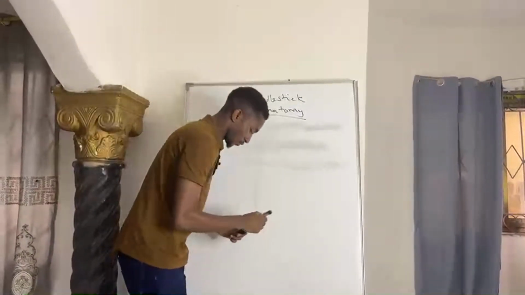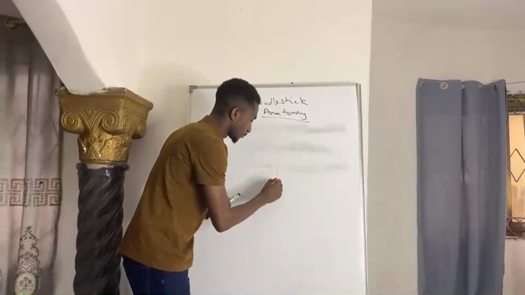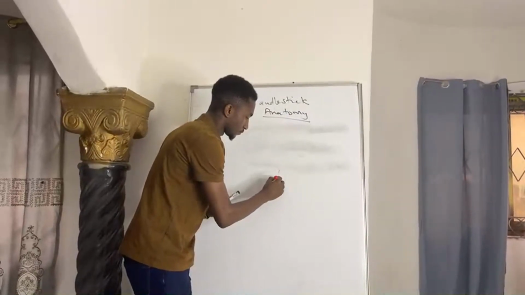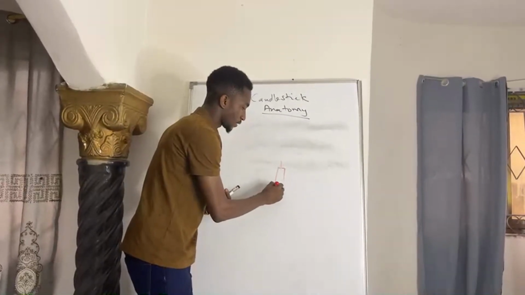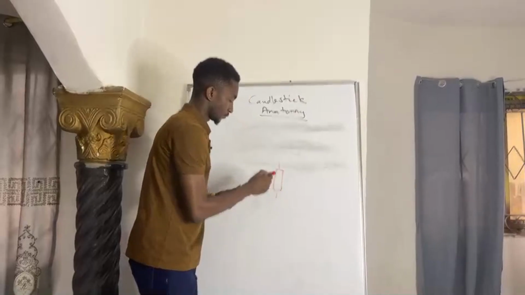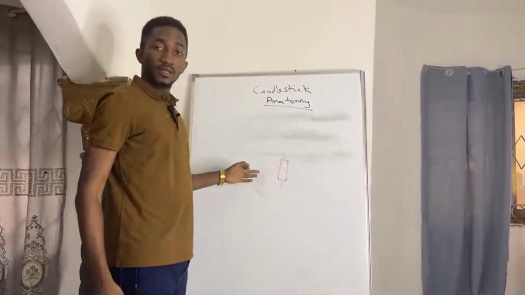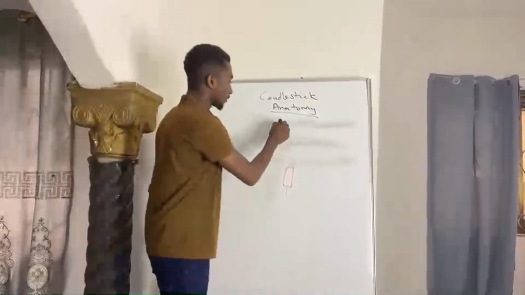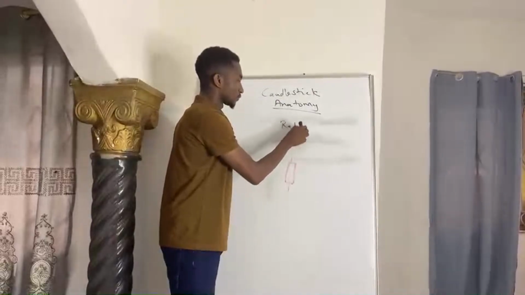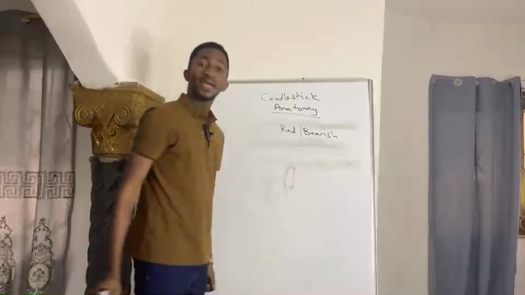So now let's go with this. I just hope this is visible. Let's look at the candle. Let's say this is the red candle. So, a bearish candle.